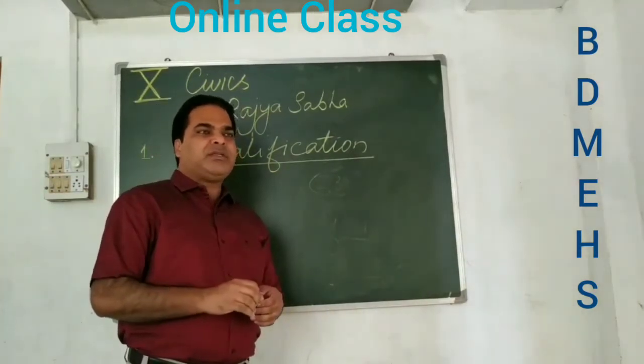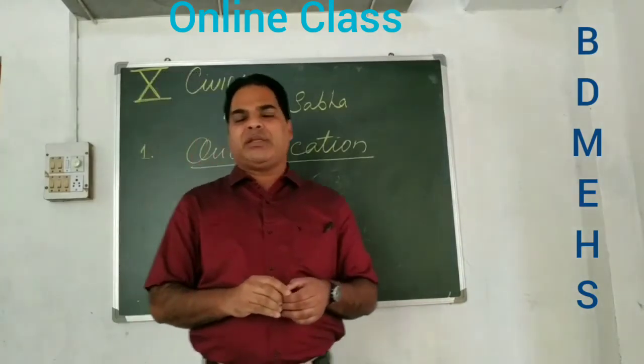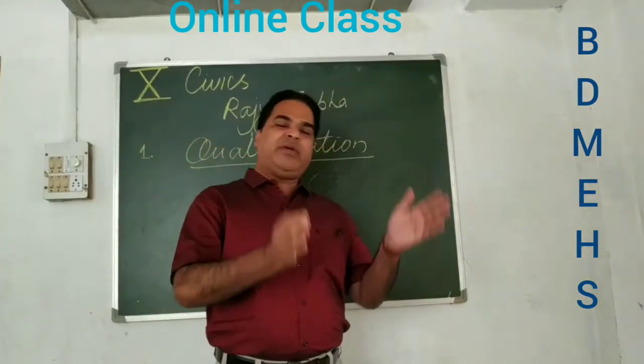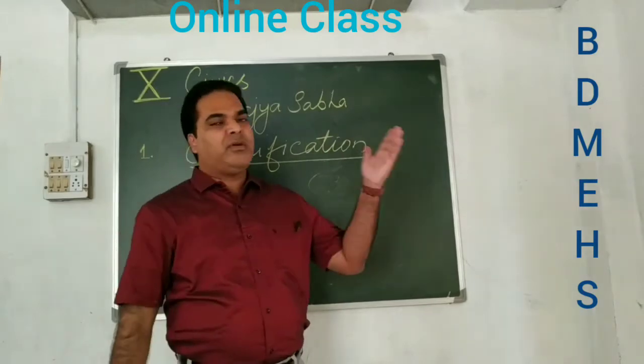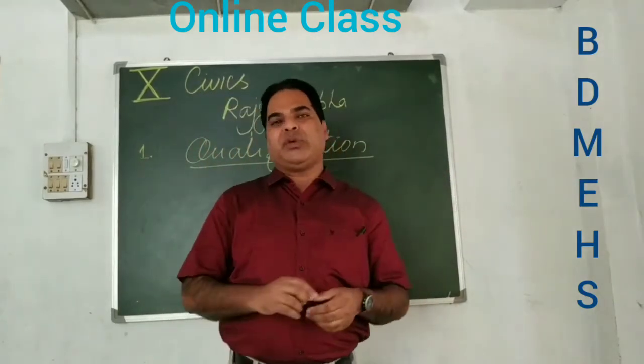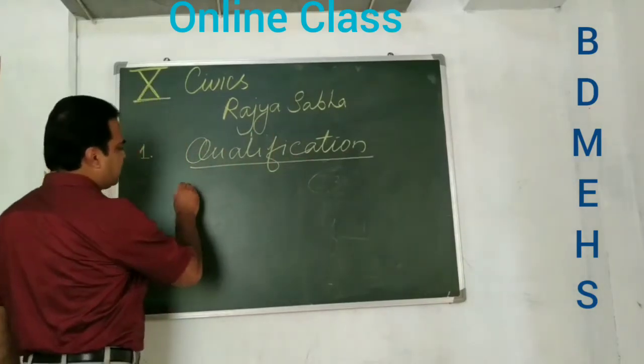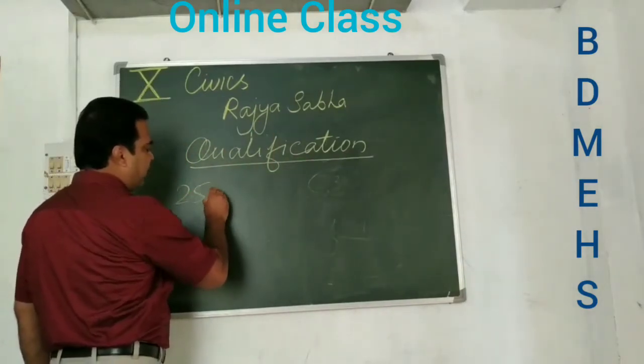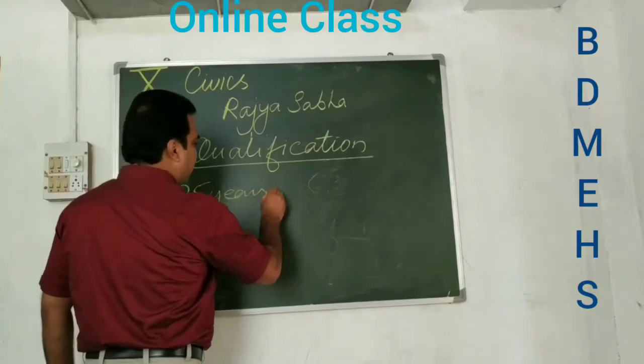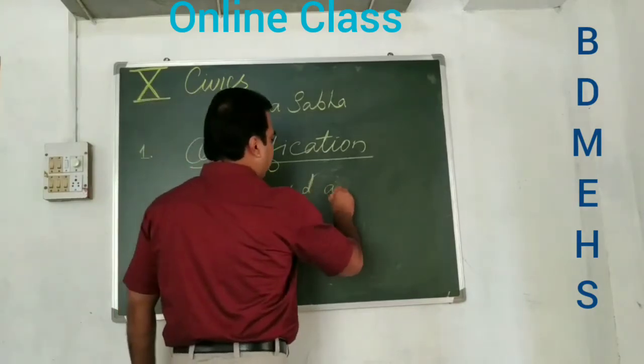The qualification required to become a member of Rajya Sabha is similar to the qualification required to become a member of Lok Sabha. Just one difference you can make. In Lok Sabha the member must be 25 years and above.